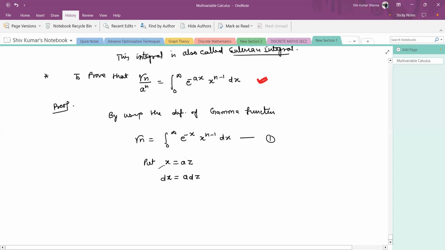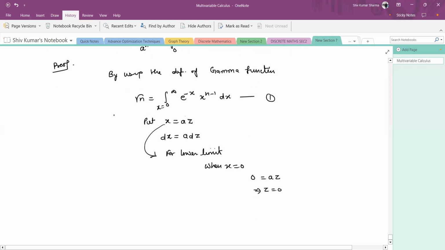Now we take the limits, which are defined for x. For the lower limit, we take x equal to 0. When we put x equal to 0, 0 equals az, so z equals 0. The lower limit remains unchanged.